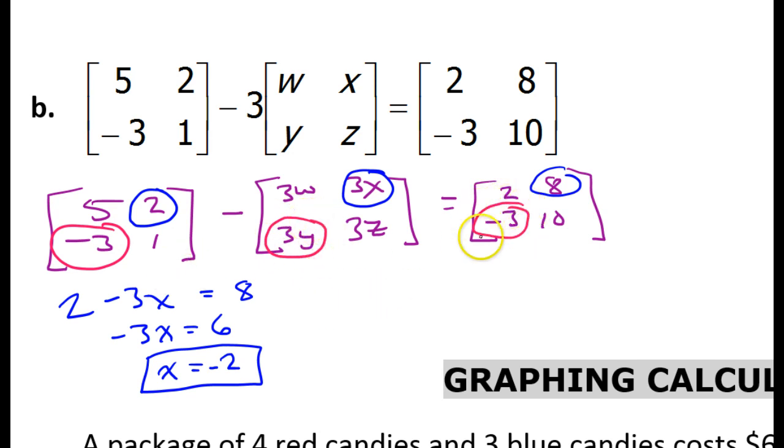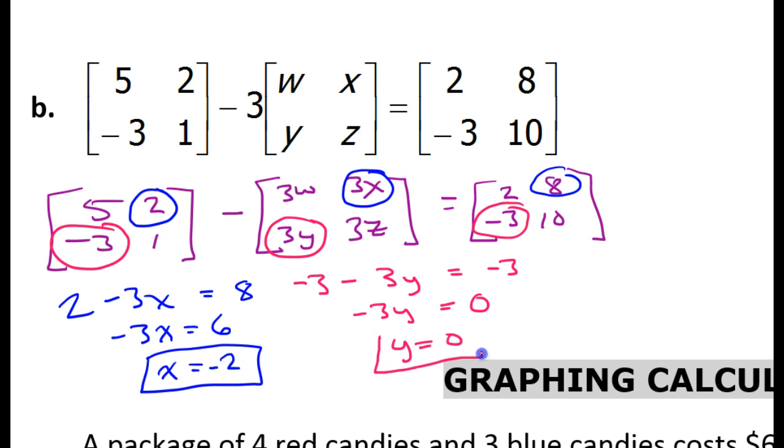So I can string these together and form an equation. Negative 3 minus 3y is equal to negative 3. Adding 3 to both sides, I'm going to get negative 3y is equal to 0. Dividing both sides by negative 3, I get y equals 0.